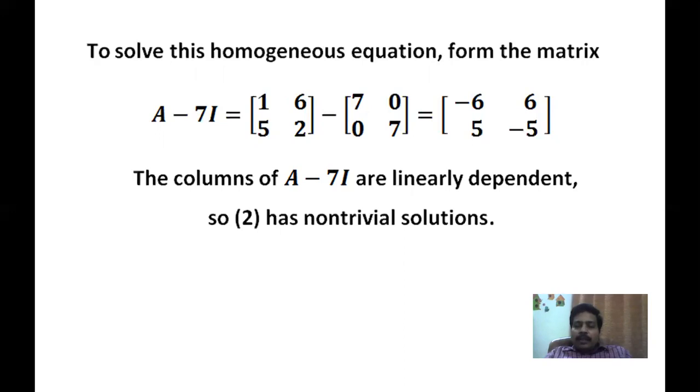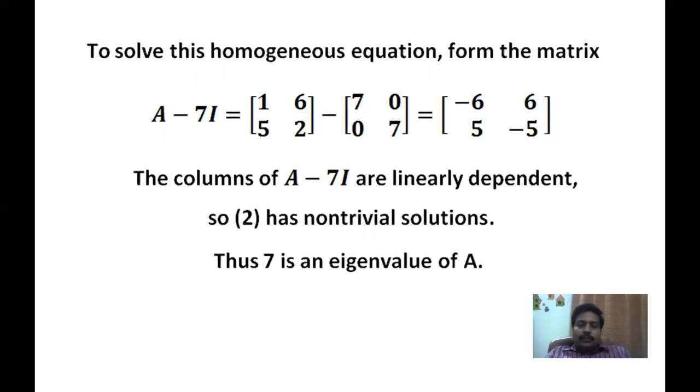Whenever the dimension of null space A is greater than 0, we can find non-zero, non-trivial solutions for the given homogeneous system of equations. So we can say that 7 is an eigenvalue.